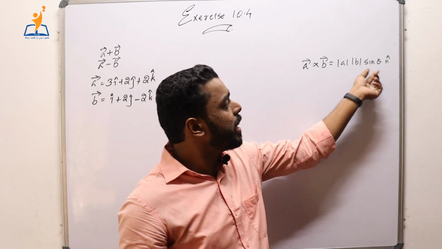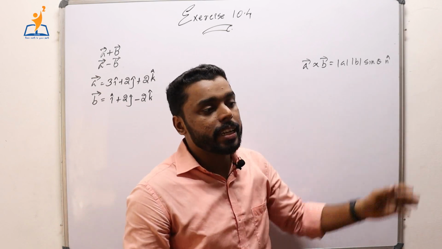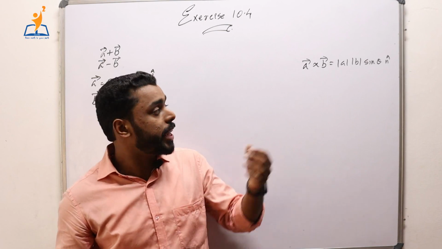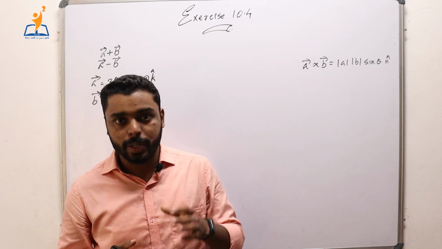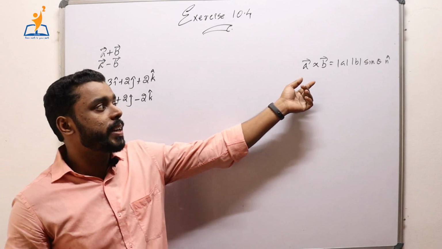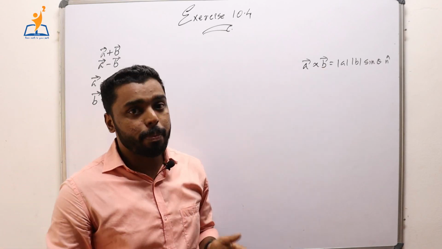So whenever we have this formula, we can easily find the vector n cap which is perpendicular to both the vectors just by calculating A cross B and a unit vector in the direction of A cross B, right? So first of all, we have to find the cross product of those two vectors.